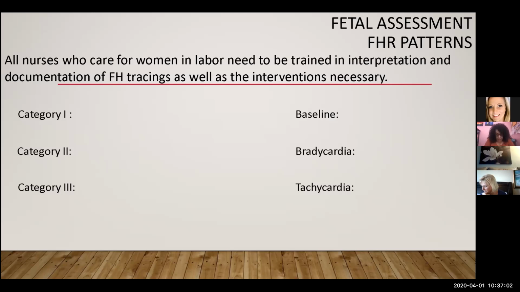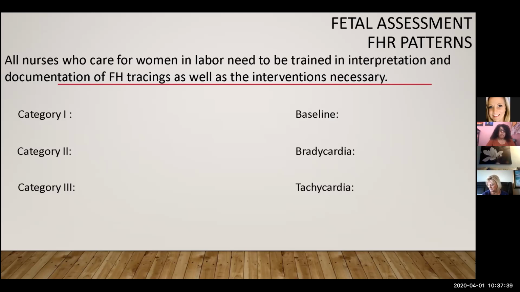Oftentimes after the epidural is placed, mom will have a hypotensive period and baby becomes hypotensive, shows some decreases in the fetal heart rate, prolonged umbilical cord compression, or fetal congenital heart block. So we're seeing some cardiac anomalies here too. And let me see if I can find an example. I don't think I can find one on the fly.